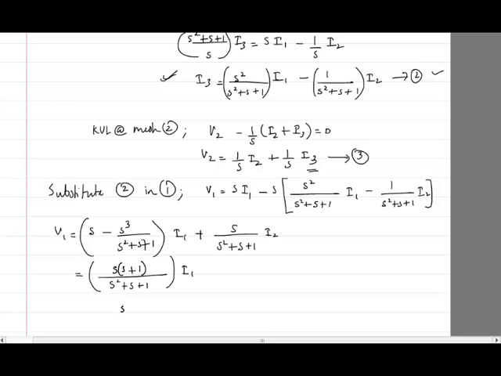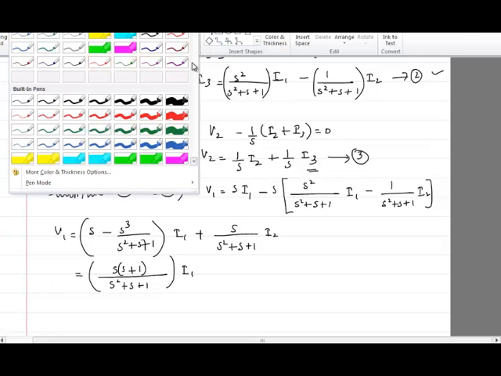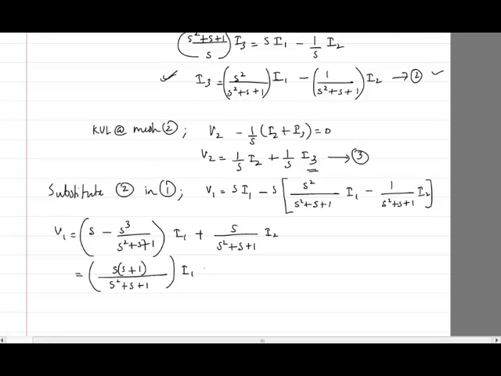Because S into S plus 1 is S square plus S. That I have taken out and written in factors like this. If I don't write the factors, it's not a big issue, but somewhere you will have to cancel off everything. So in a way it is good to always keep the equation small. So S square plus S plus 1 into I2. This is my V1, and this I will keep as equation number 4.